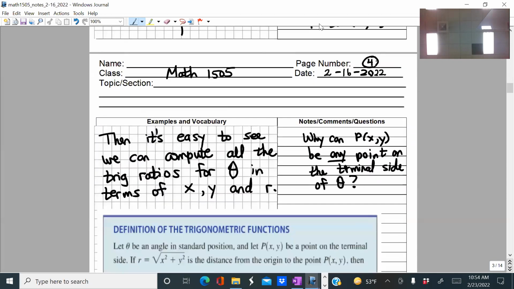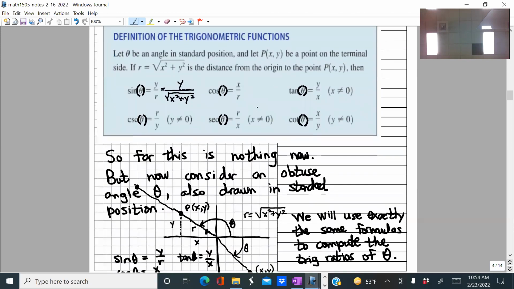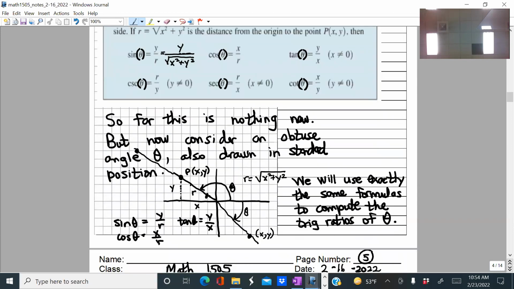Now so far this is nothing new, but now look what I'm going to do. In the same picture, I'm going to draw an angle, but now I'm going to make the angle not acute anymore. So look at this angle theta. That's bigger than 90 degrees, somewhere over in the second quadrant. So how big is theta?